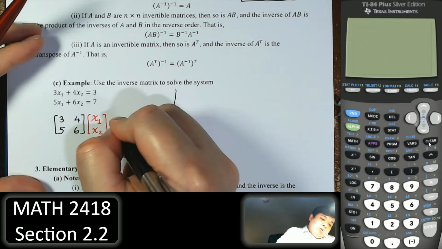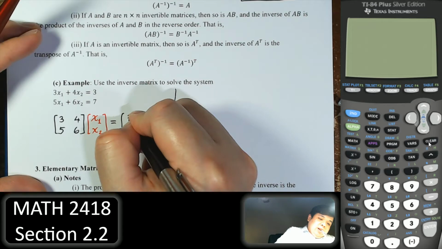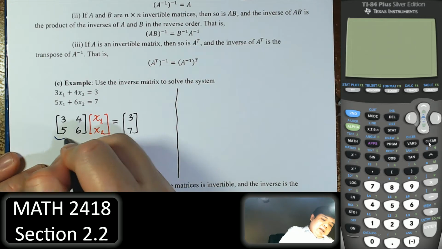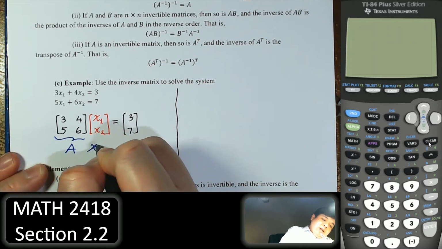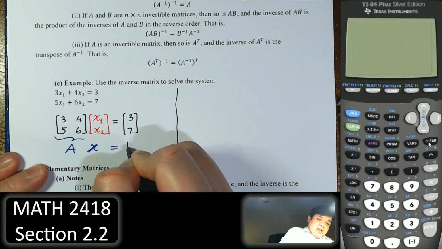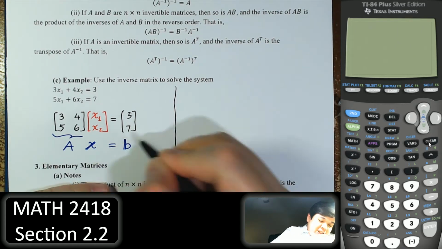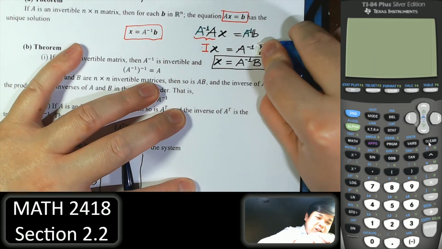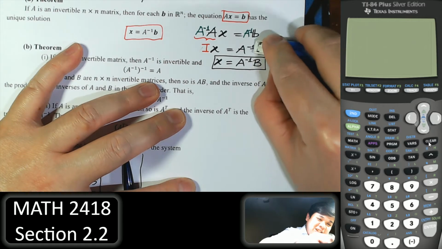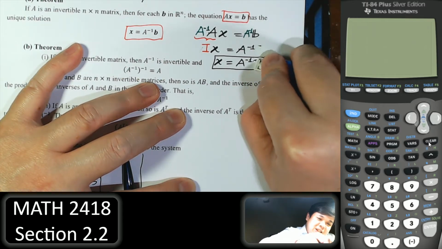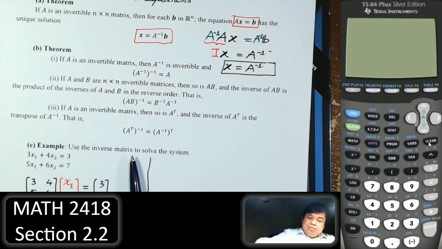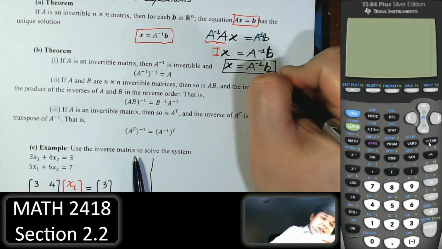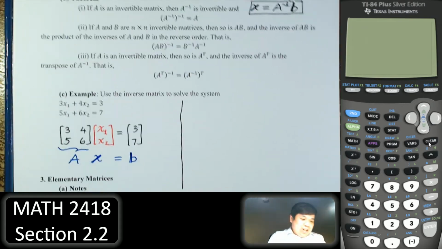That will be equal to the vector on the other side. So here we can say this is the matrix A, this is the vector x, and this is the vector b. Sorry, for no reason I wrote this as a matrix b. That should be a vector b. Sorry.